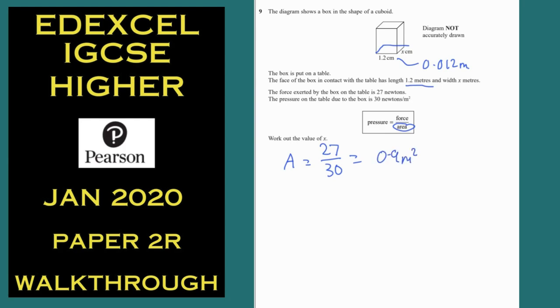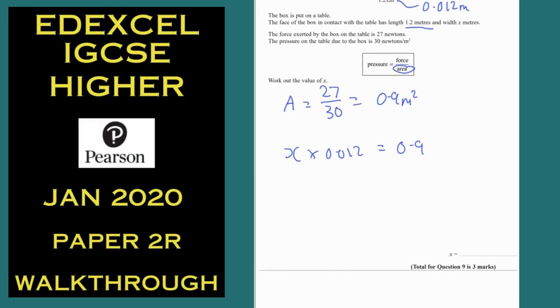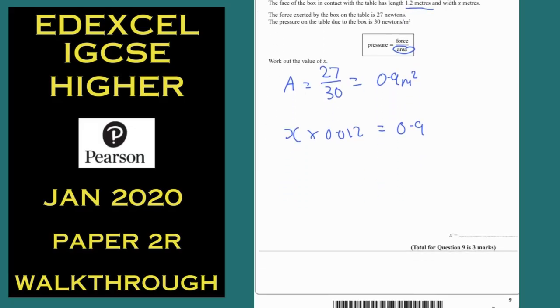is in meters squared. And so my idea is that length times width, so length in centimetres times width, which is 0.012, gives us 0.9. Alright, so you divide both sides by 0.012 and you get x to be 75.